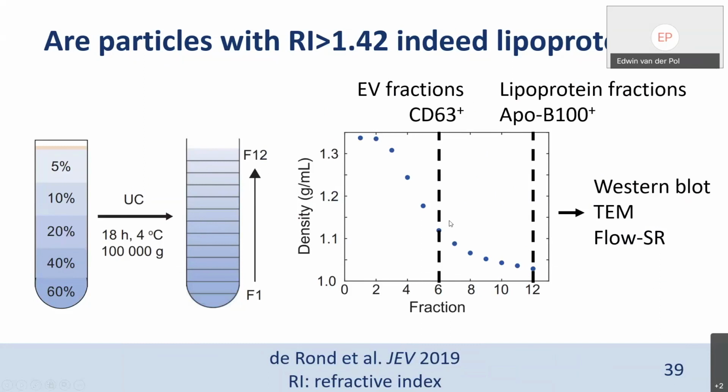And she showed by Western blot that the EV fractions with CD63 were particularly present in fraction 6, at least the peak. And the lipoprotein fractions, which were APO B100 positive, were mainly in fractions 10 to 12. And also with electron microscopy, she showed that in fraction 6 vesicles were present and in 12 predominantly lipoprotein particles.